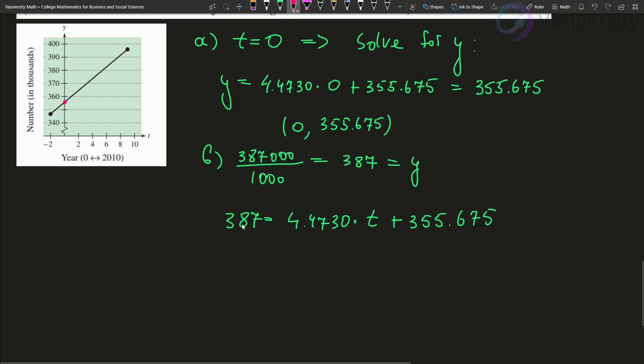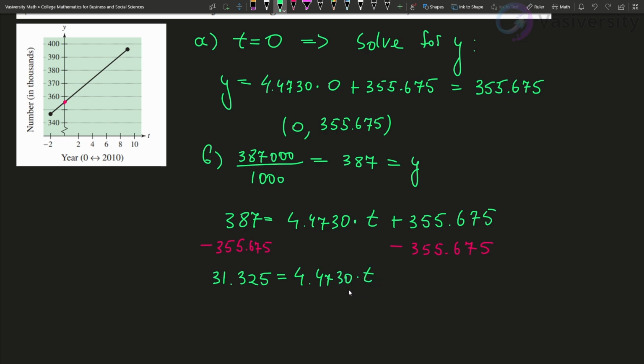Now we have to solve for t. How do we do that? The first thing is to subtract 355.675 from both sides. After we do that, 387 minus 355.675 gives 31.325, which is equal to 4.473 times t.